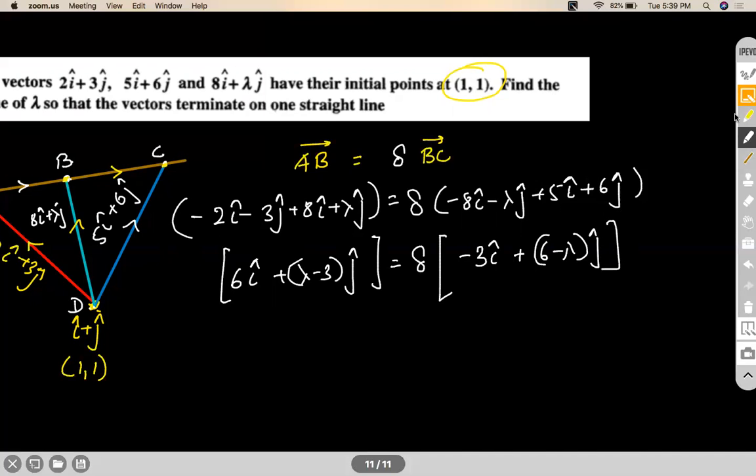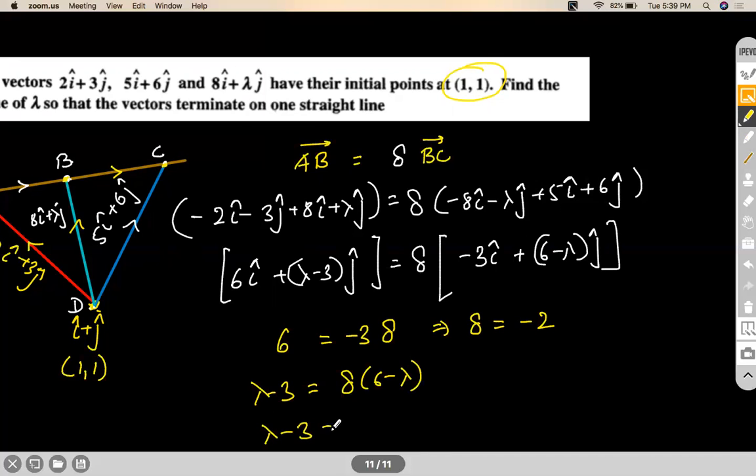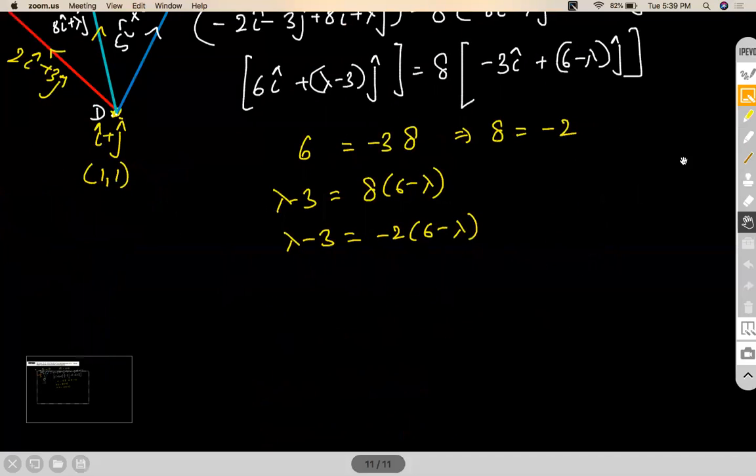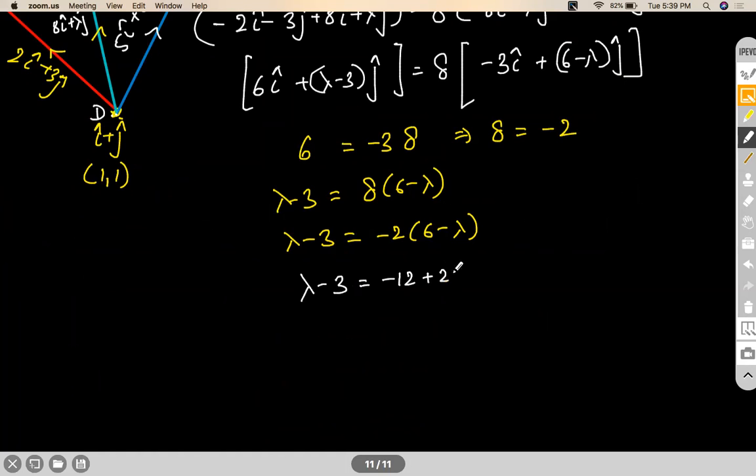Now, compare the coefficients. So 6 will be equal to minus 3 delta, and lambda minus 3 will be delta times 6 minus lambda. From here I can say the delta value comes out to be minus 2. So lambda minus 3 is minus 2 times 6 minus lambda. This clearly gives you lambda minus 3 equals minus 12 plus 2 lambda.